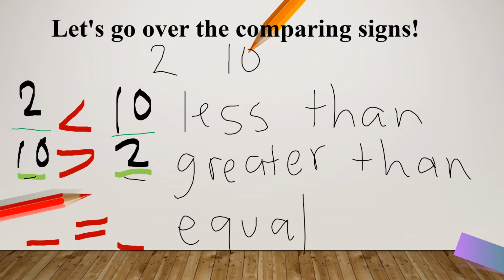So we could say that 2 equals 2, and that 2 is the same as 2. So this would make sense. Or we could say that 10 equals 10. That means that both numbers are the same.